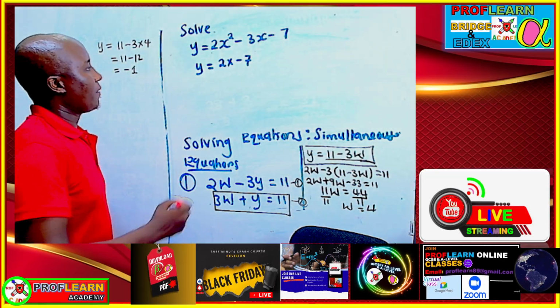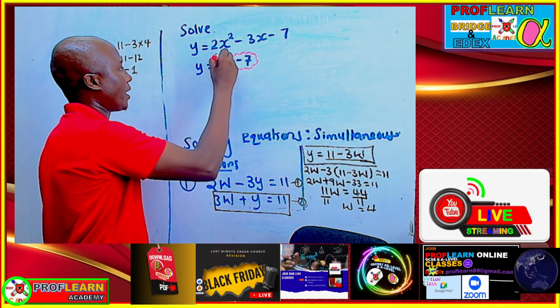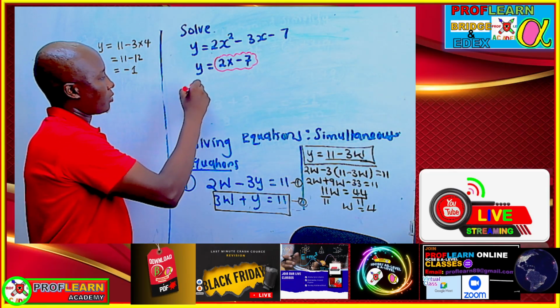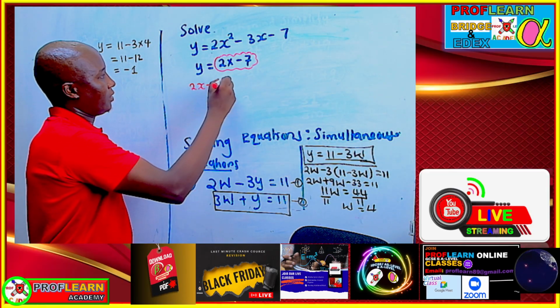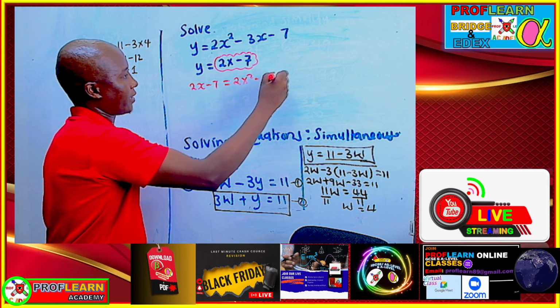So the first thing we are going to do is substitute where we have y with 2x minus 7. That is going to be 2x minus 7 is equals to 2x squared minus 3x minus 7.